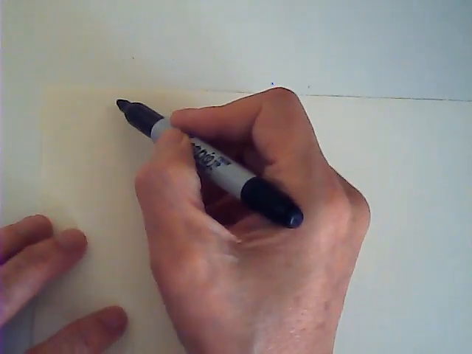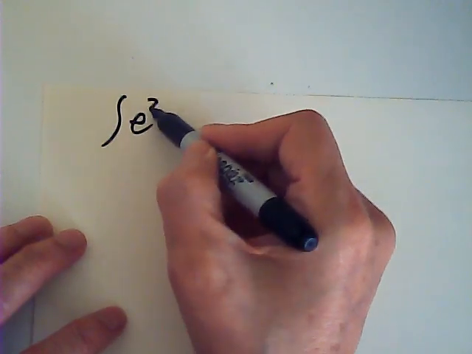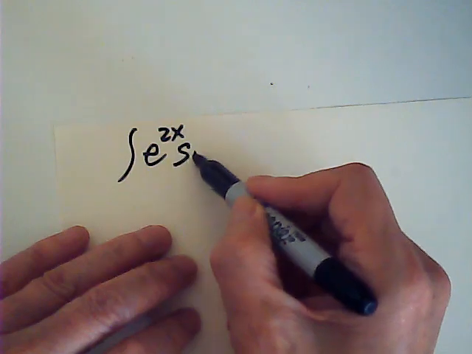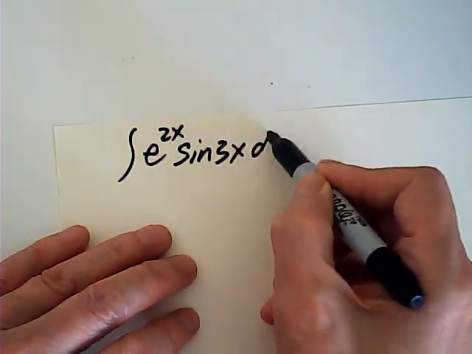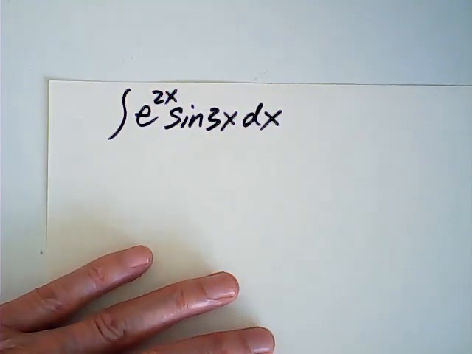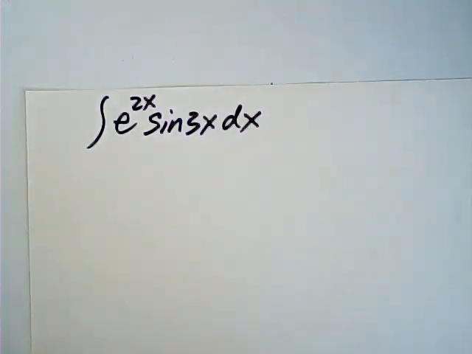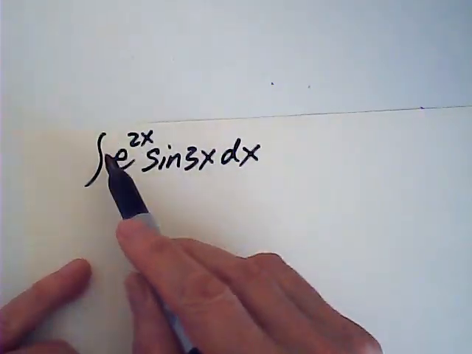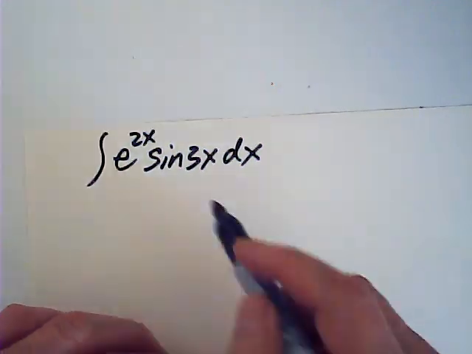Now, third method: the integral of e to the 2x sine 3x dx. I'm using a differential equation. Well, we know that we're looking for an antiderivative.